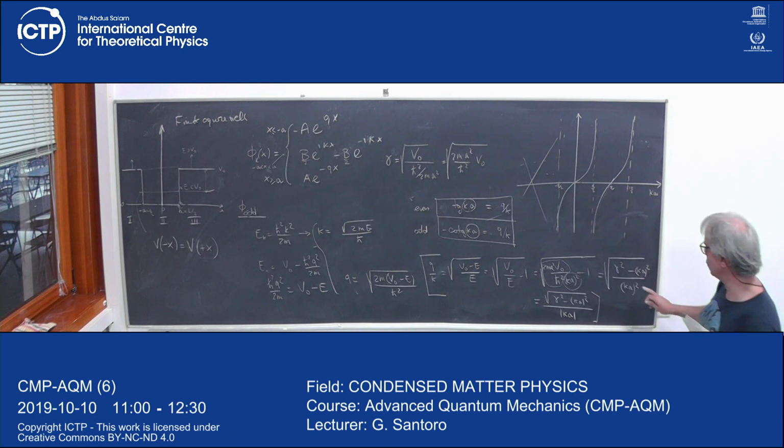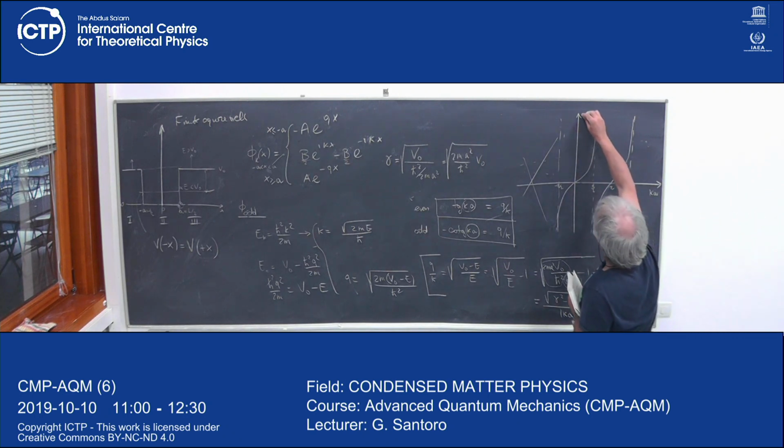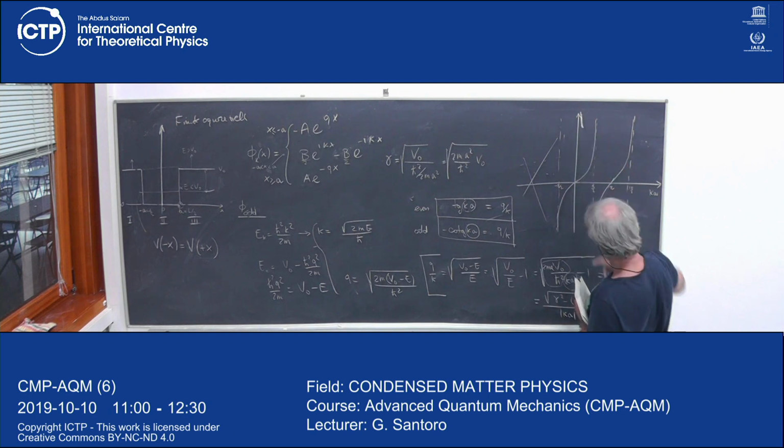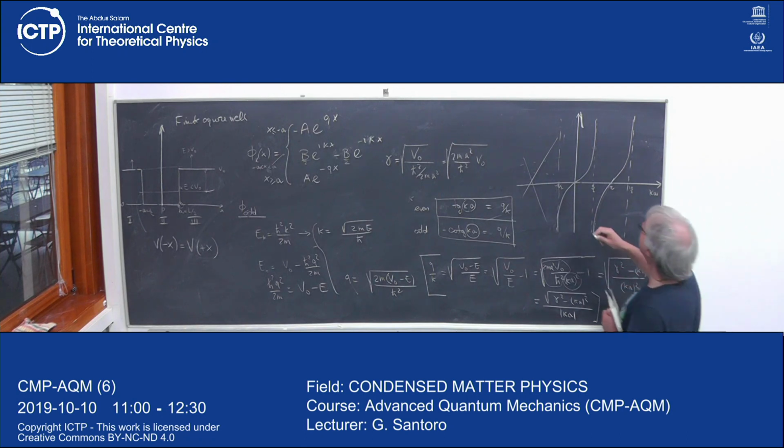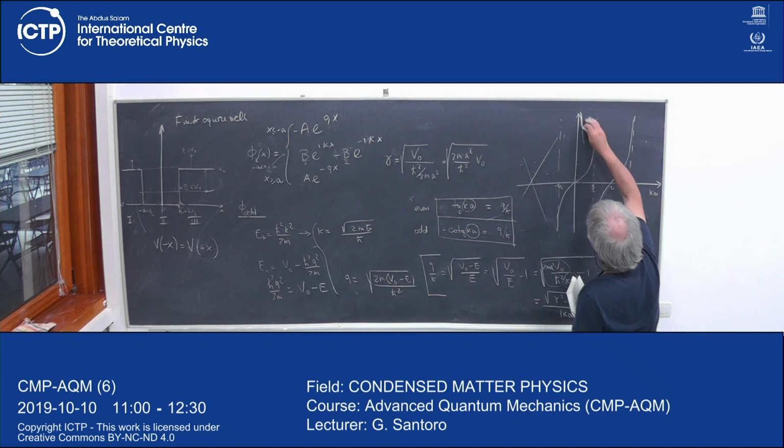Well, it's just a function that when K goes to 0, diverges, because this goes to 0 and this goes like 1 over K. And when K goes to gamma, it goes to 0.